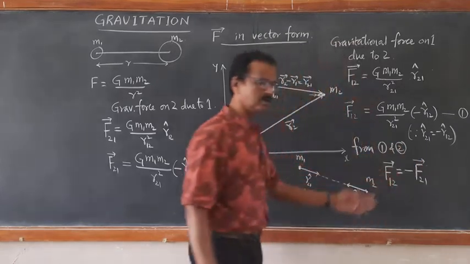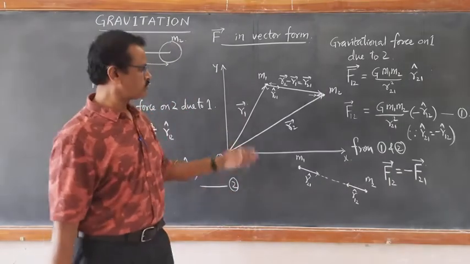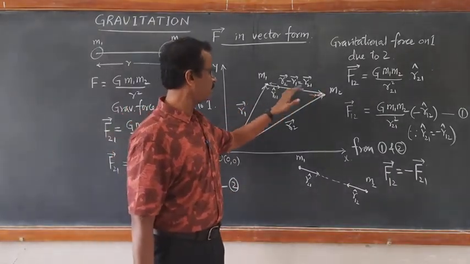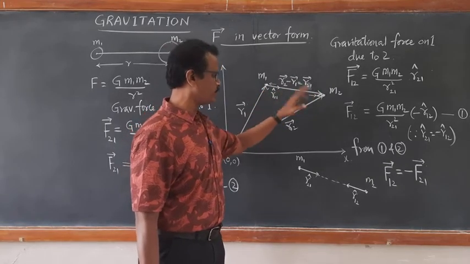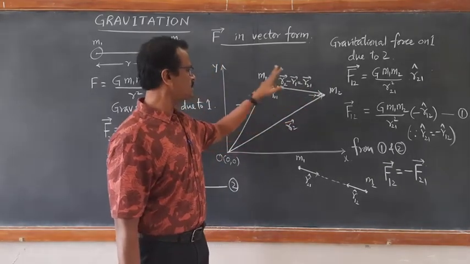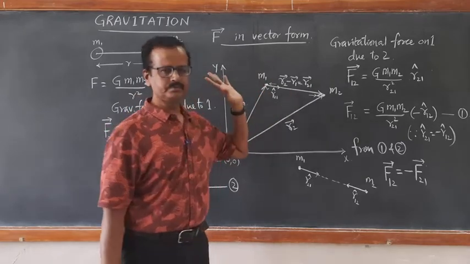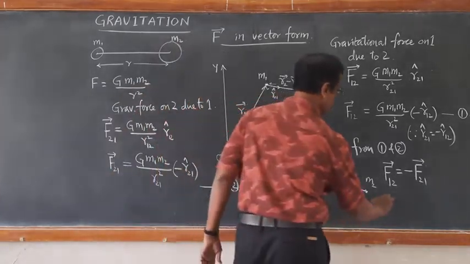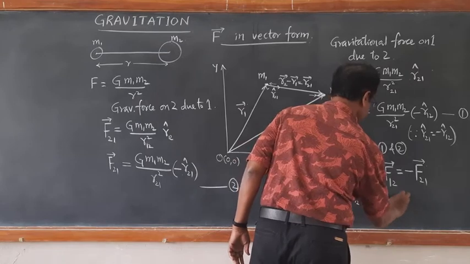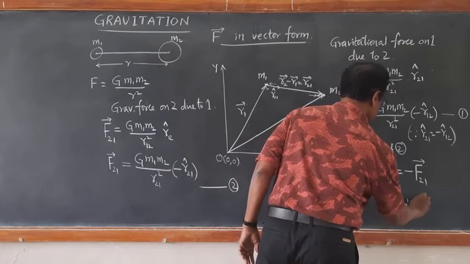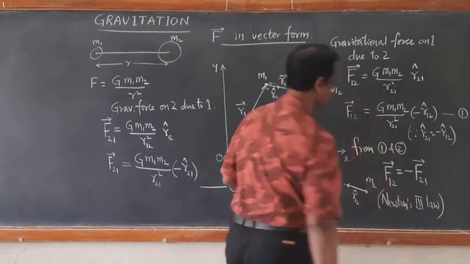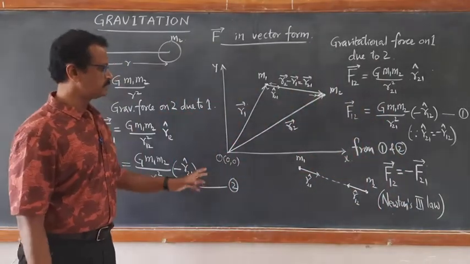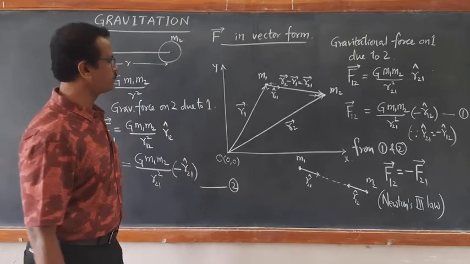So Newton's third law is also valid. Force of attraction exerted by 2 on 1 is equal and opposite to force exerted on 1 due to 2. Newton's third law is also tested here. So it is a mutual attractive force.